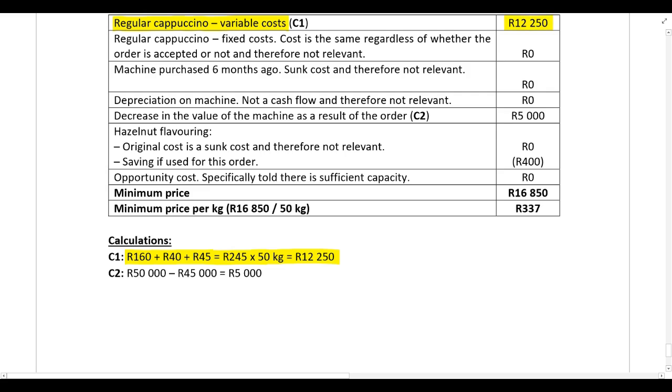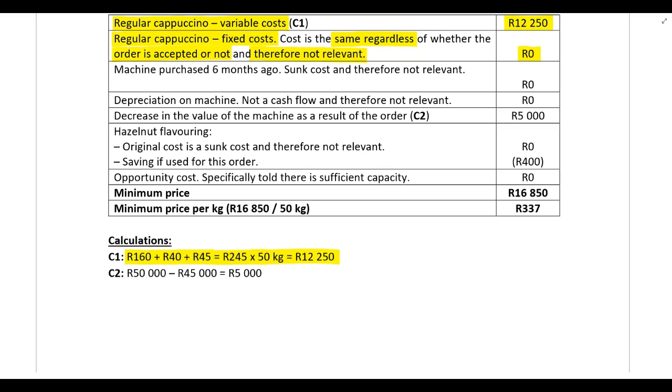And you can see just below, the fixed costs for the regular cappuccino: the cost is the same regardless of whether the order is accepted or not, so it is not relevant. It's not taken into account. So already here we see a difference between how we know the calculation should be performed and how the accountant has performed the calculation. All right, but you still haven't earned any marks.